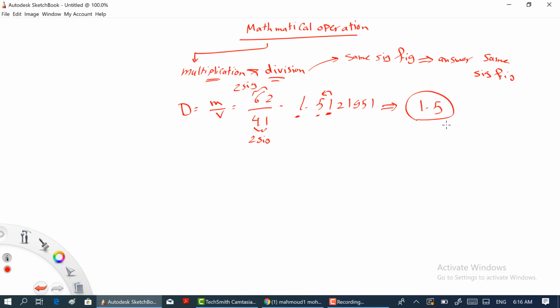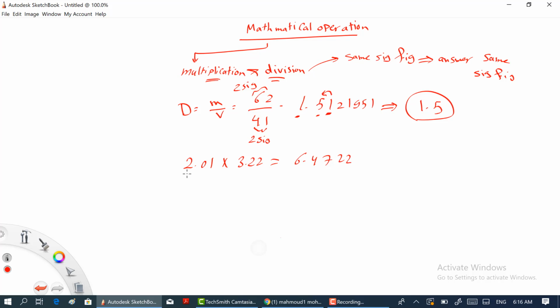That is 2 significant figures, sorry. An example for multiplication: 2.01 times 3.22. The answer will be 6.4722.